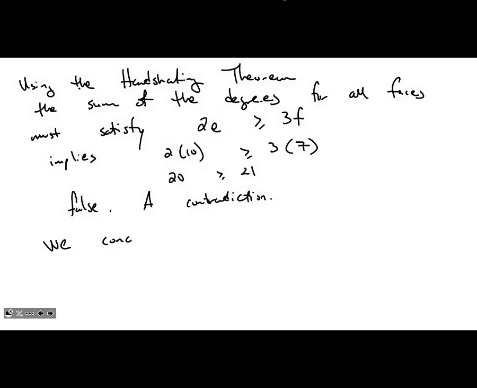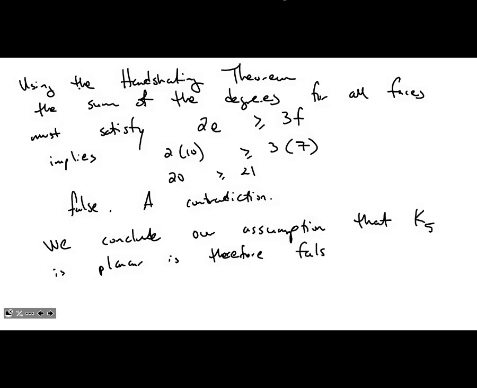So we conclude our assumption that K5 is planar is therefore false. Hence, K5 is non-planar.